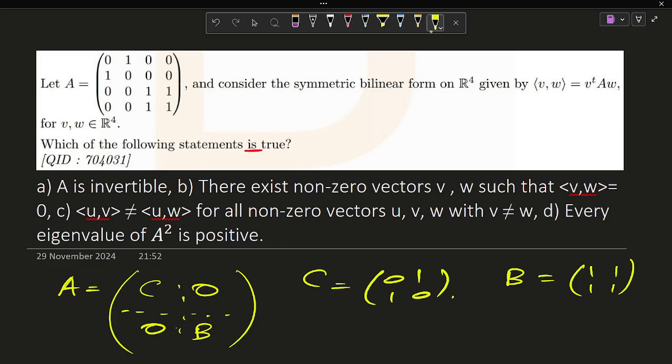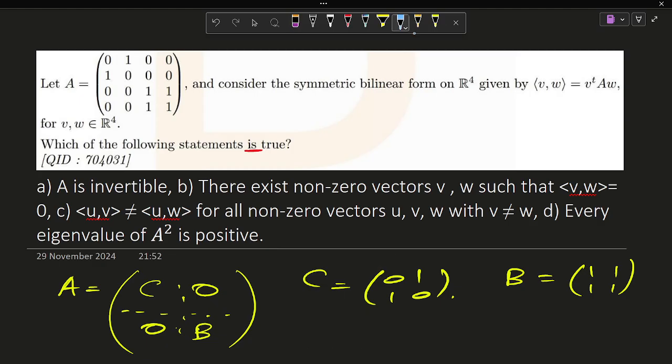So now, what are the eigenvalues of A? They are the eigenvalues of C and the eigenvalues of B, which lie on our diagonals. Now we have to find the eigenvalues of C. Let me try with this approach.